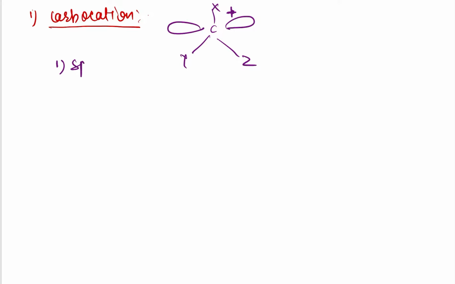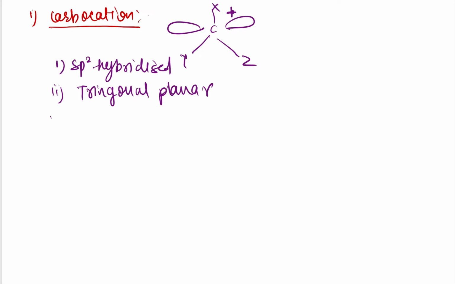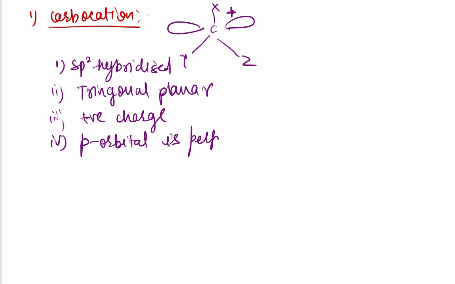So first, it is sp2 hybridized. Its hybridization is sp2. Second, it's trigonal planar. Third, it has a positive charge. Fourth, it has p orbital perpendicular to the plane.